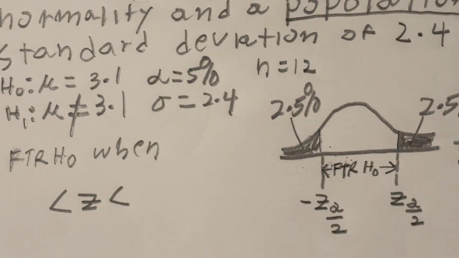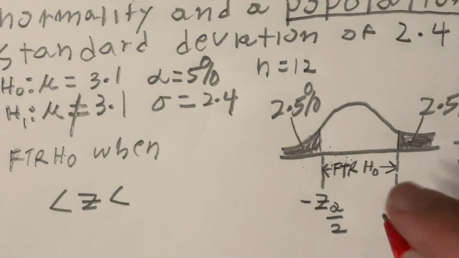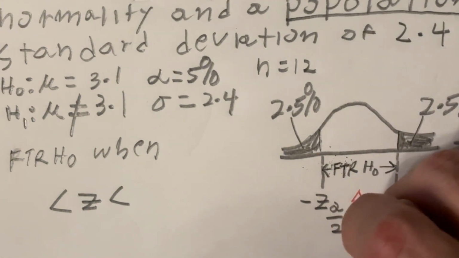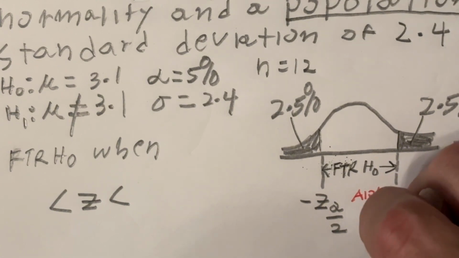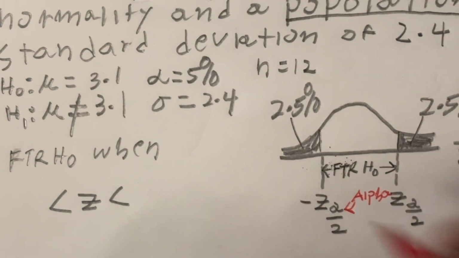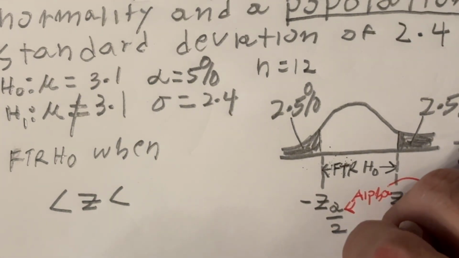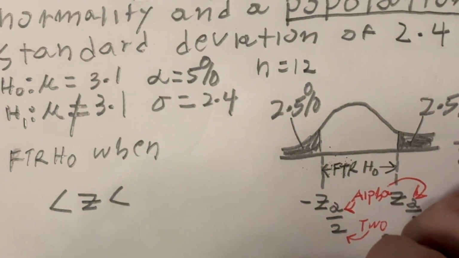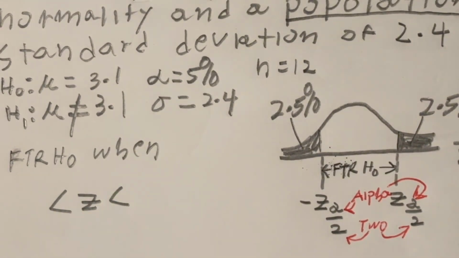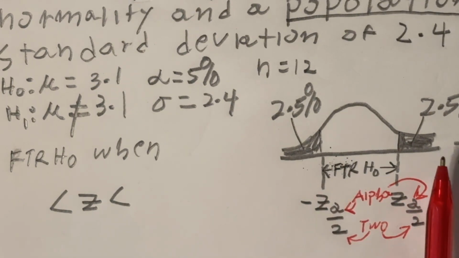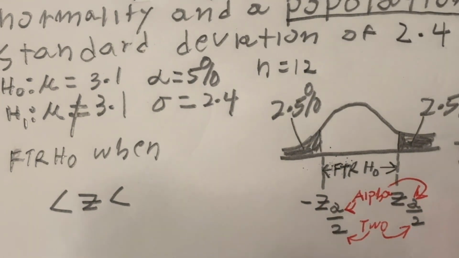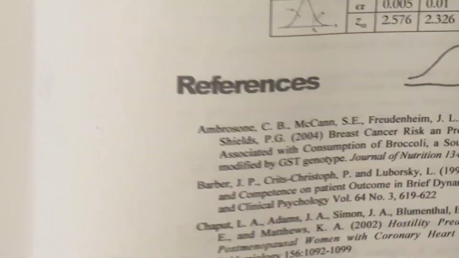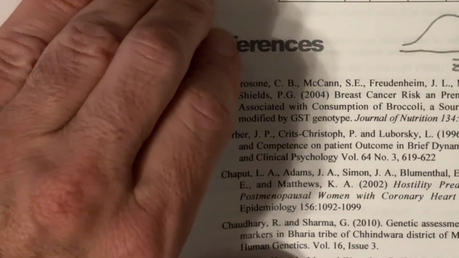Now I have a whole video on z sub alpha notation, but this is the Greek letter alpha, and this is the Hindu Arabic number 2. So in almost any statistics textbook that I've ever seen, you have a z sub alpha table, and it should look something like this table over here.